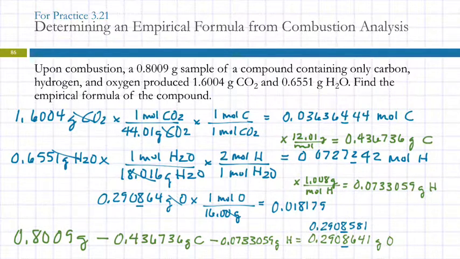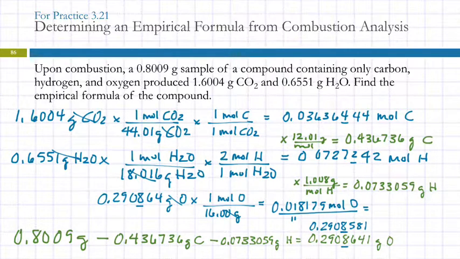So now we've got moles of oxygen, and we've got moles of carbon and moles of hydrogen. So we divide them all by the smallest. We look at that and see that the moles of oxygen is the smallest. So we're going to divide by itself. I'm just going to write ditto down there.